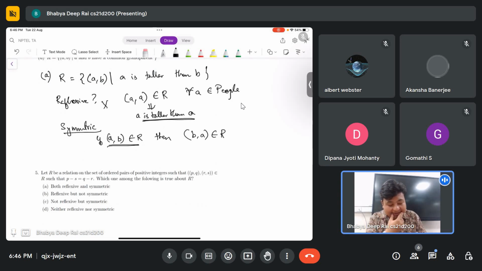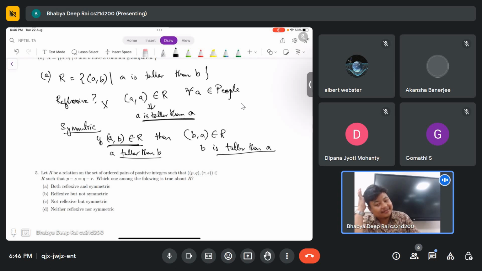If (a, b) is in R, it means a is taller than b. But if (b, a) were in R, then b is taller than a. So it cannot be that a is taller than b and b is taller than a at the same time, assuming taller means strictly greater height. Then it is not symmetric.